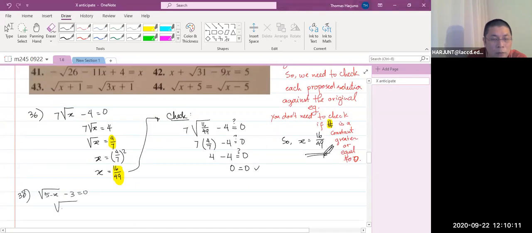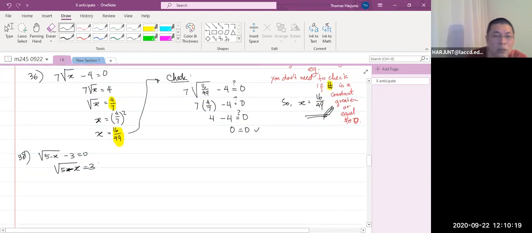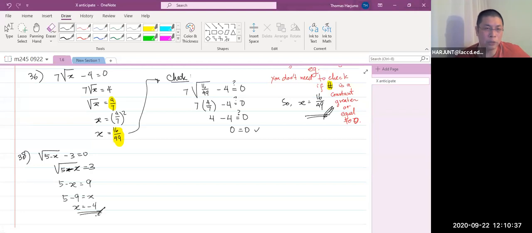Square root of 5 minus x equals 3. So you see the square root of something is positive. Then when I square both sides, I don't need to check later on. 5 minus 9 equals x. x is -4. You can check x equals -4 in this equation and you will find that to be true.